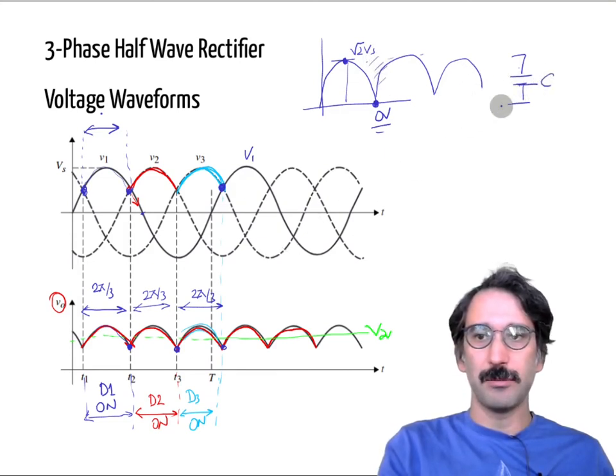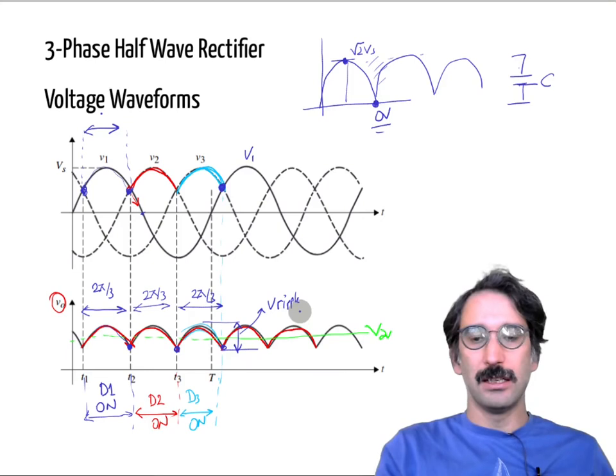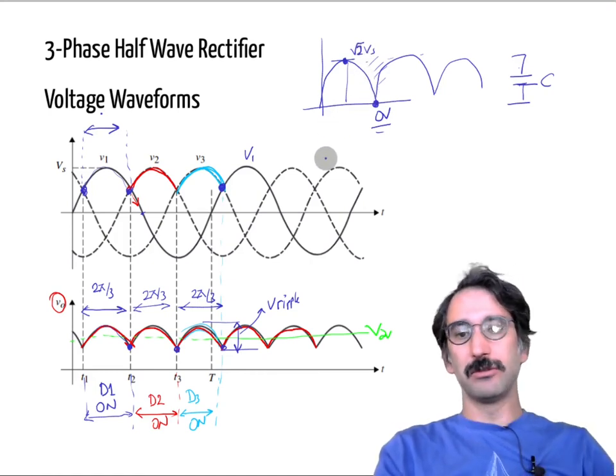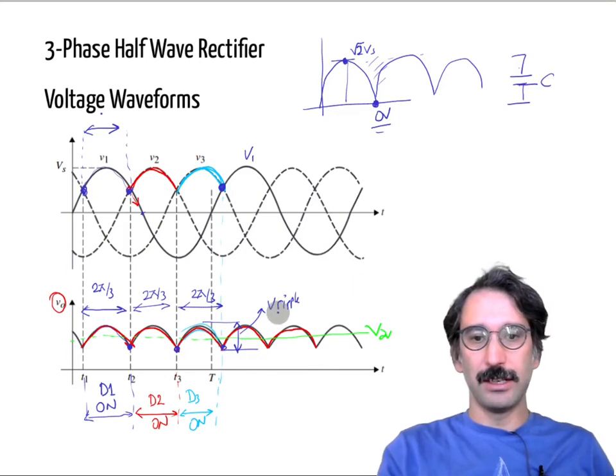However, in the three-phase case, even if you don't put any capacitor, the ripple will be like that, and it will be much simpler to filter out that small component compared to square root 2 Vs to 0 volts. So that is one of the largest advantages of the three-phase rectifier.